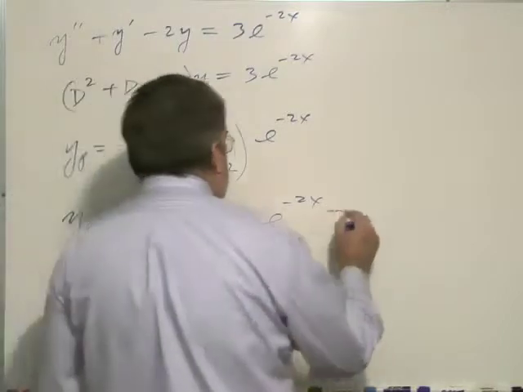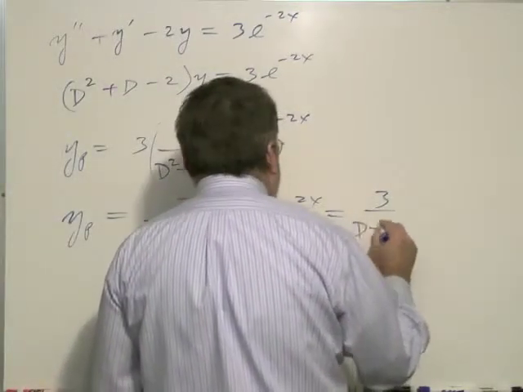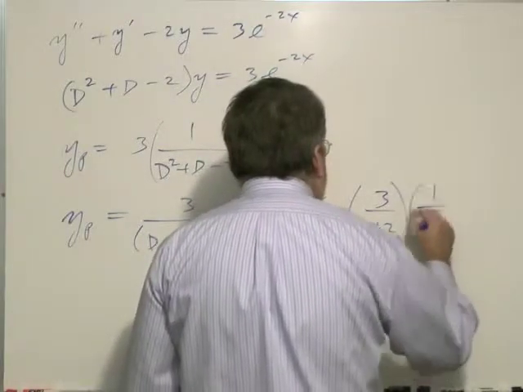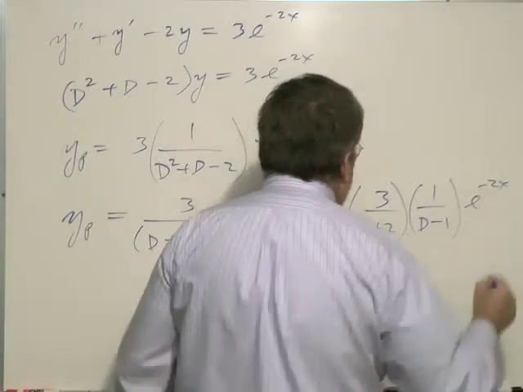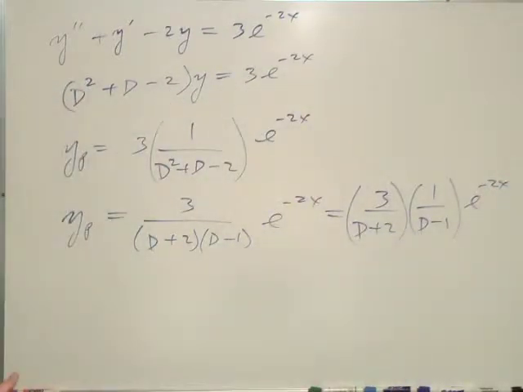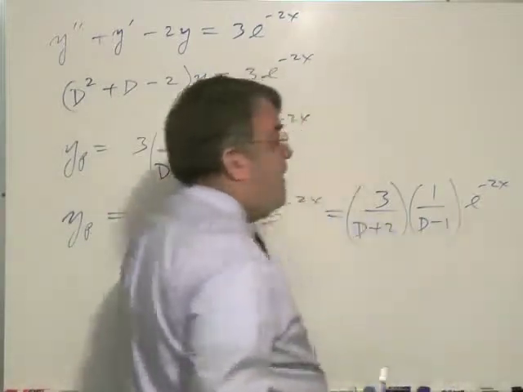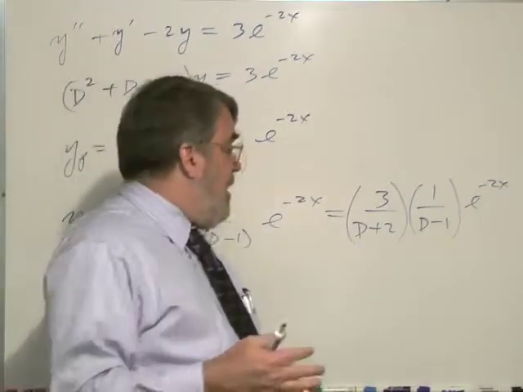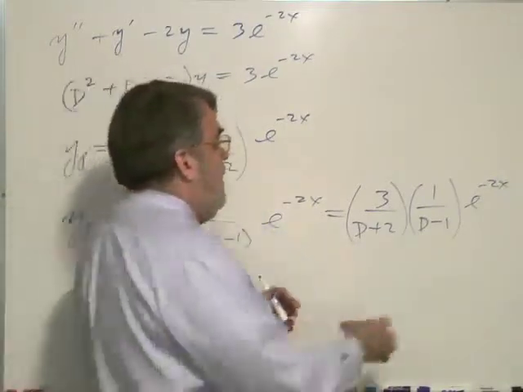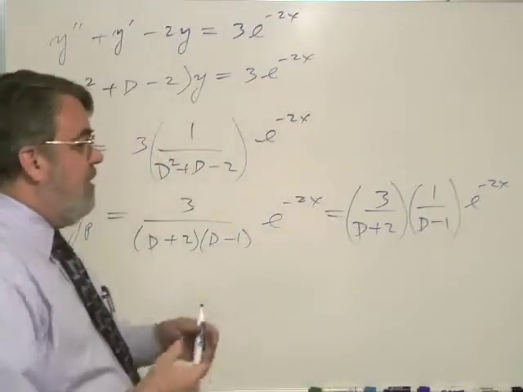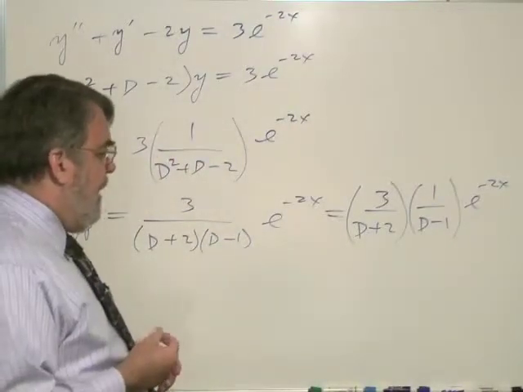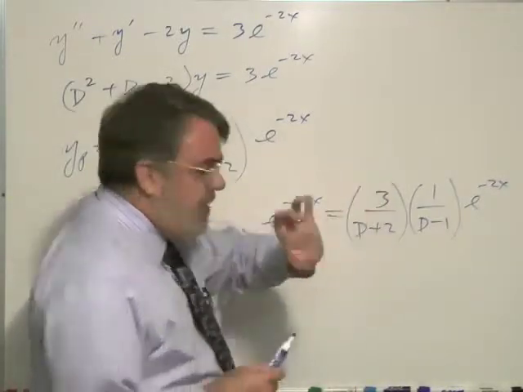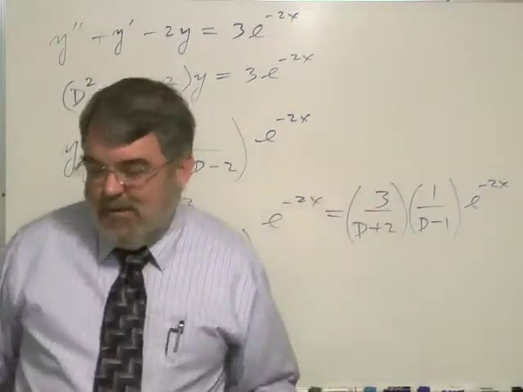Now, we could think about it this way and say, well, this is 3 over d plus 2 times 1 over d minus 1 operating on e to the negative 2x. And at least we could apply that theorem there, and then we could do an expansion on 3 over d plus 2. So we could apply that slick little theorem, the exponential inverse operator shift theorem, and it would work on this term, and then do an infinite series expansion on that term. Okay, so there's a technique.